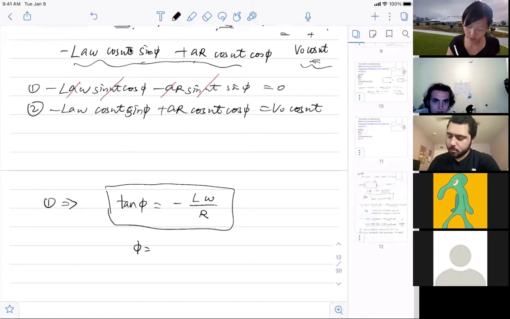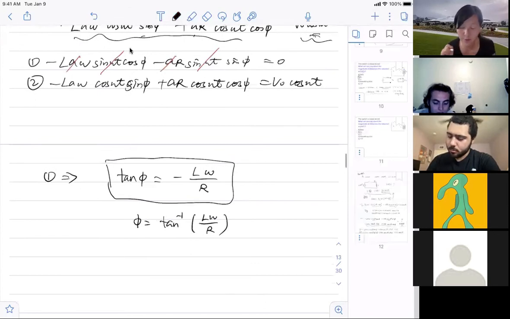Phi would be the inverse tangent of this. So that is the phase. Then I need to solve my second equation for constant A, because I have two constants: one is the angle, one is the amplitude A. I've done one of them, I need to find the other one.